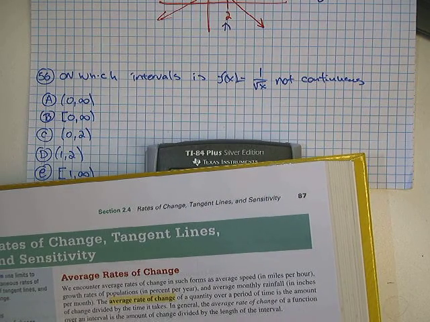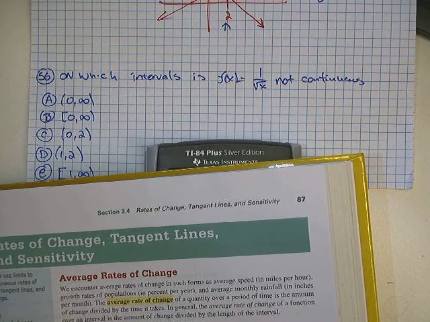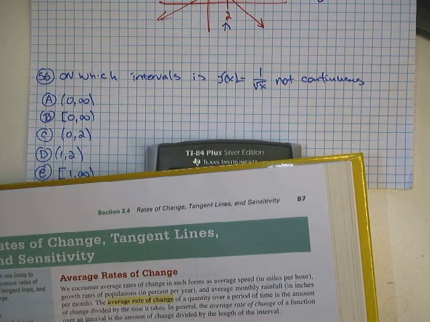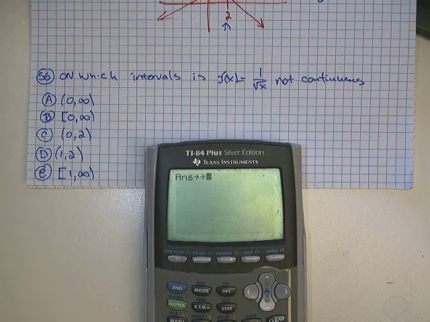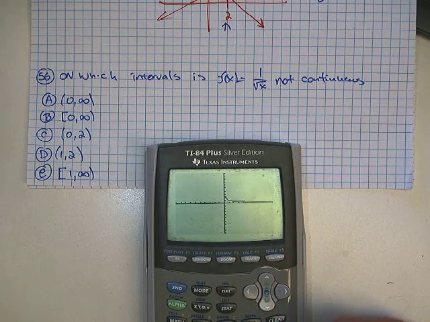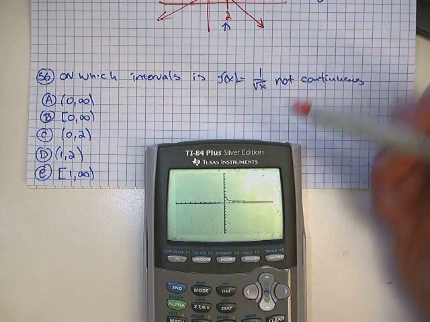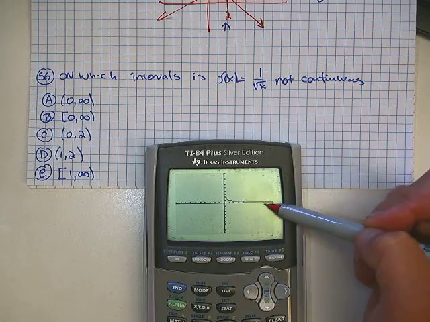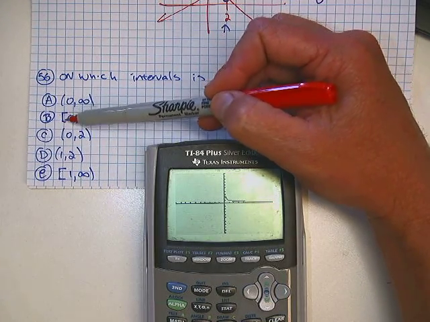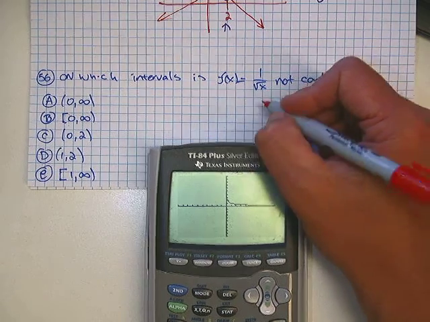Number 56. Oops, this is on which of the following intervals is f of x equals 1 over the square root of x not continuous? Okay, so from 0 to infinity, it is continuous.